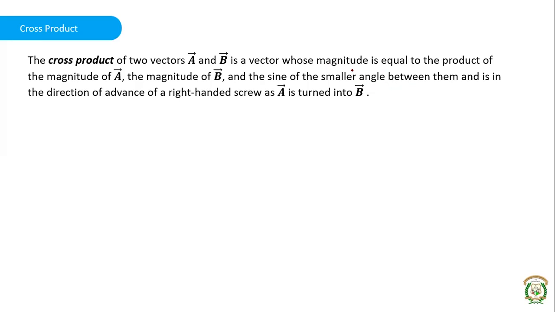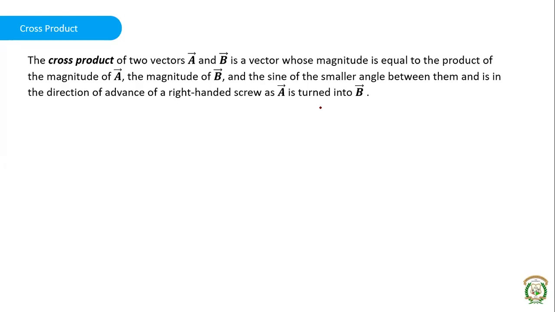When you say a vector, along with the magnitude, it also has the direction, right? So its direction is in the direction of a right-handed screw as a is turned into b. If you place a screw at the point of intersection of both the vectors, and move the screw from a to b, the direction of the screw will give you the direction of the product vector.